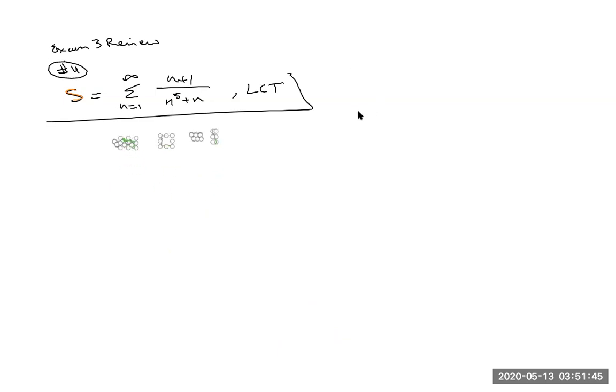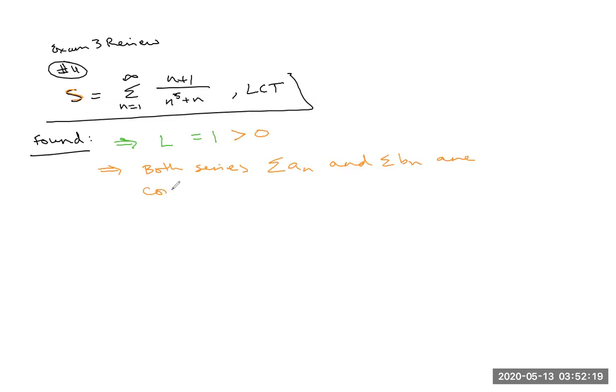So we found from our exploration that L is equal to 1. By our conclusions, 1 is greater than 0, which means both series A sub n and series B sub n are convergent or divergent.